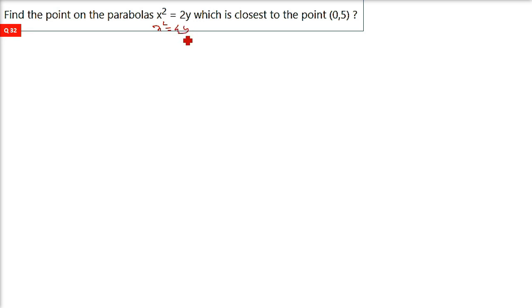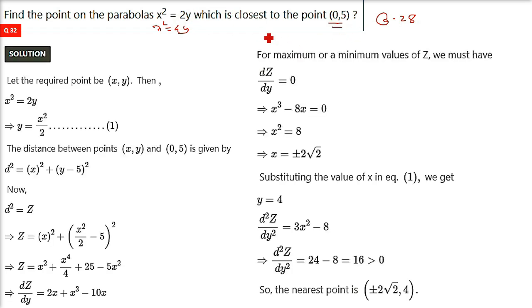This question has exchanged the values of x and y and 4 with 2, so the logic remains the same. So questions 28, 29, 30, 31, 32 are all similar. And these are the solutions, and I strongly recommend that you solve this by yourself. Any problem, then refer to these solutions, otherwise not.